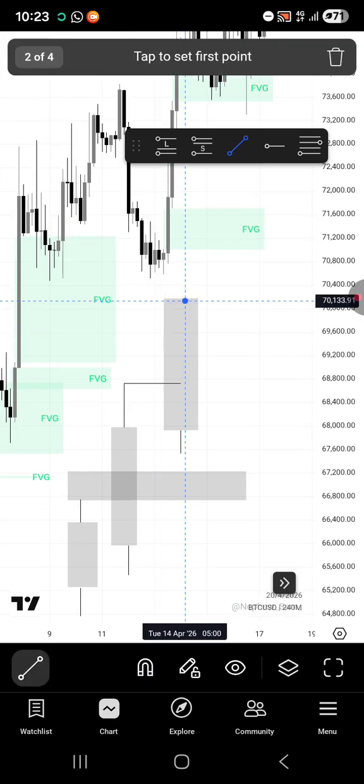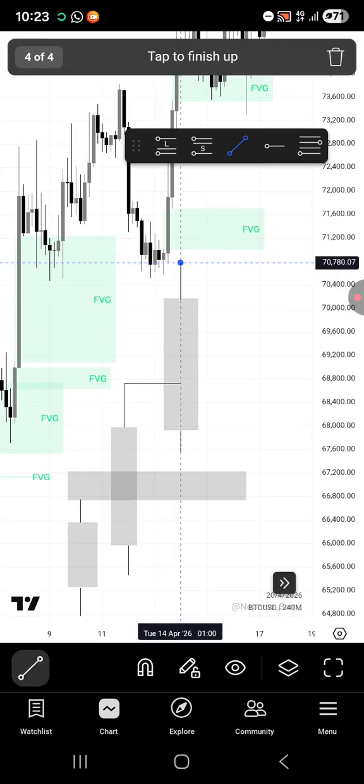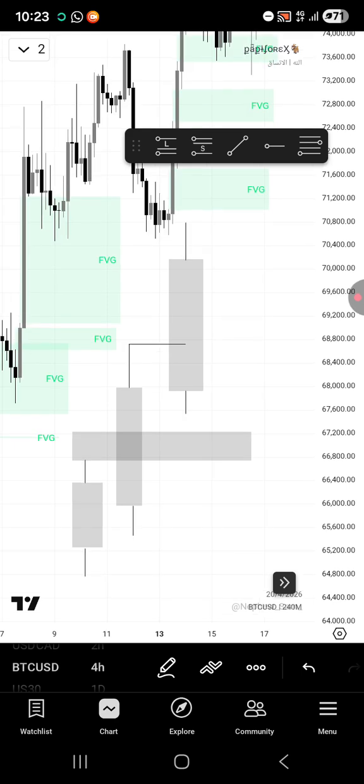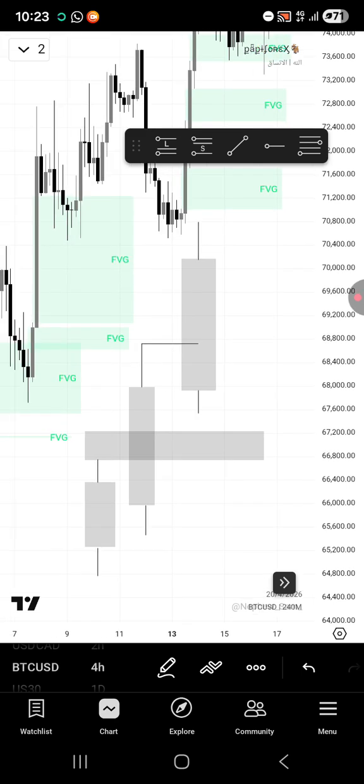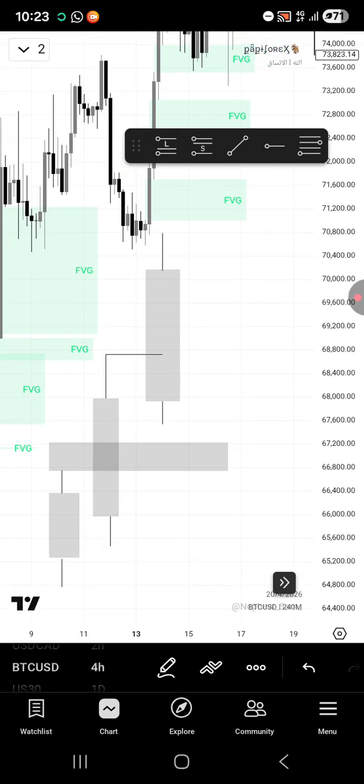You understand? Because the breakaway gap is just a neglected fair value gap, because this fair value gap that happened here might become neglected. You understand? Price might not come to fill this fair value gap again.